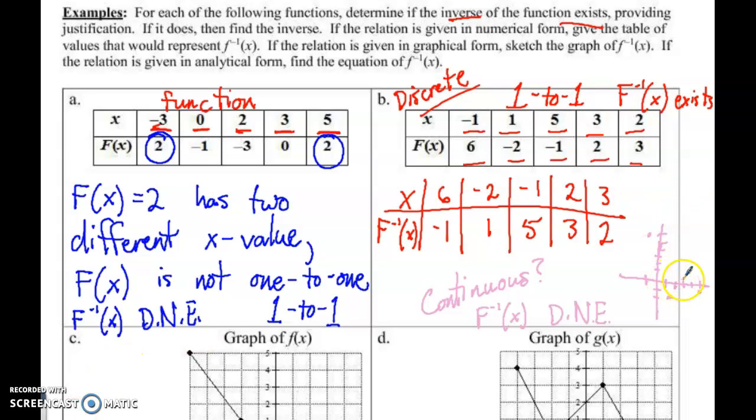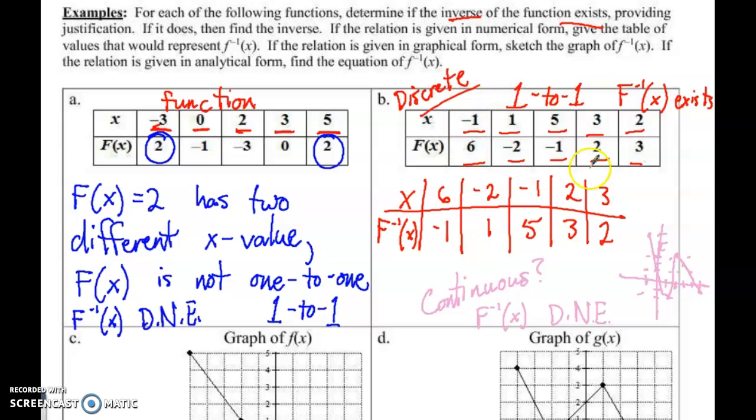And while I'm at it, I might as well put 3, 2 and 2, 3 on here. And let's say we just connected these dots, so it was a function, so it passed the vertical line test. Well, if you notice, by connecting these dots, we have multiple y values that are hitting the same points. And you can see my vertical lines there.